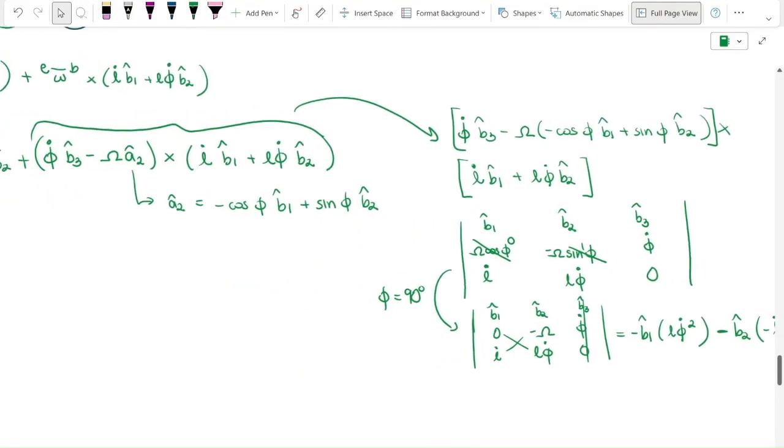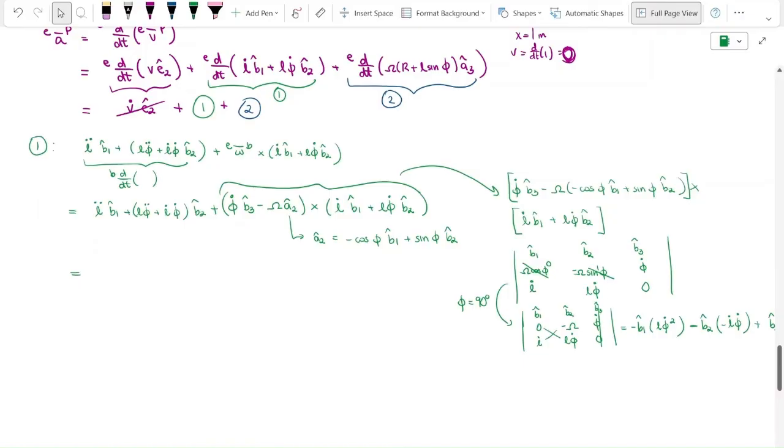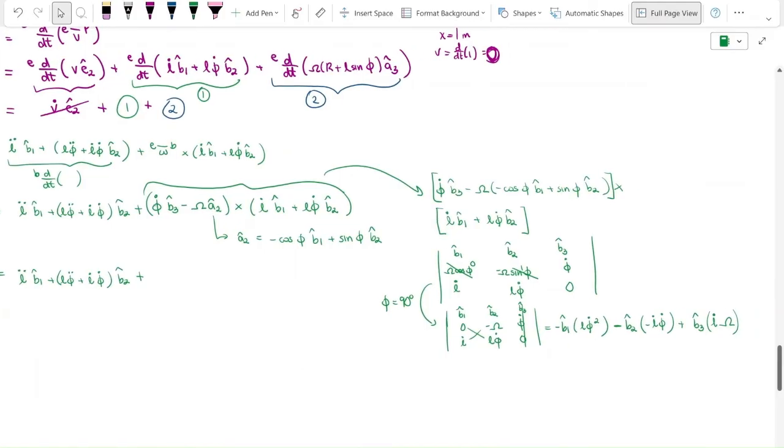Okay, so now we can just write this as, just copy this. Technology is crazy. And plus negative L phi dot squared B1 hat minus or plus L dot phi dot B2 hat plus L dot omega B3 hat.